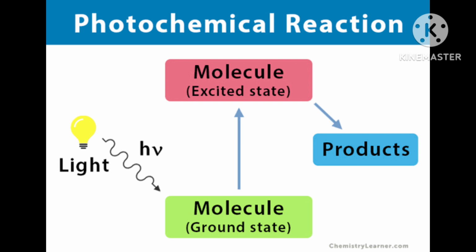Next example of a photochemical reaction. It is used in the diazo printing process. Next example is photoresist technology. Wherever "photo" is coming, photo means sunlight.